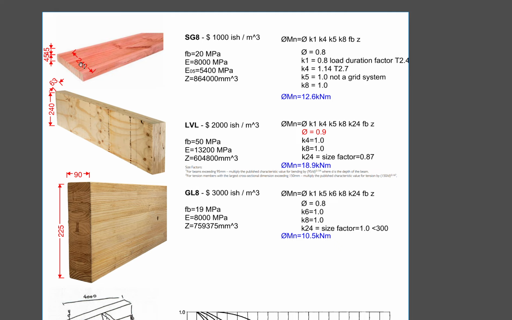You don't see any of this timber exposed. And if it structurally does not work for a beam or lintel, for example, I'll jump into the LVL. LVL gives much more strength and higher stiffness, because you can see the elastic modulus is 13,000 compared to 8,000. So I would jump to the next stage, the LVL, to see whether it structurally works.